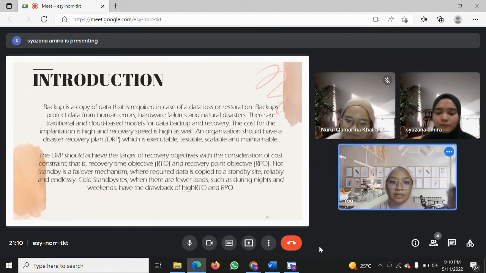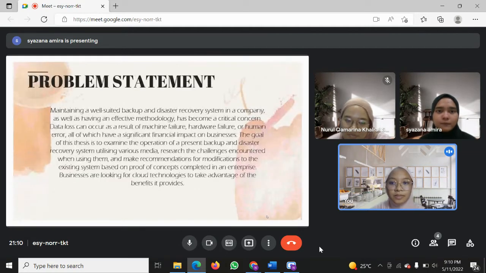And then next, for the problem statement, maintaining a well-suited backup and disaster recovery system in a company, as well as having an effective methodology, has become a critical concern. Data loss can occur as a result of machine failure, hardware failure, or human error, all of which have a significant financial impact on businesses.